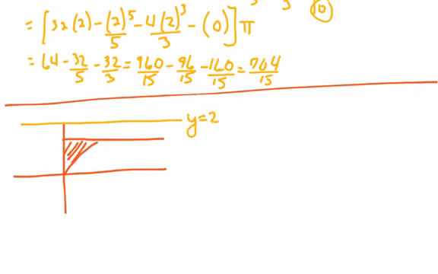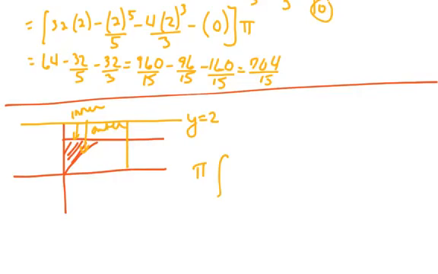In this case, you again would have to define your outer and inner radii. But now, because the line of revolution is on top of the function, this is going to look a little bit different. This distance is 2, and here's your inner and here's your outer.